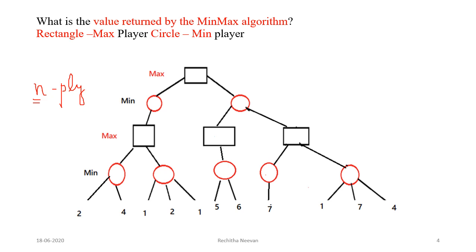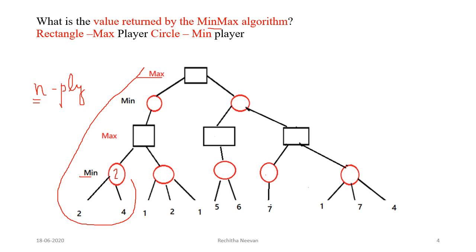Now, we have to find the value returned by the min-max algorithm for this max node. So, we have to traverse from here to the leaf node, and now this is a min node. What does a min node select? A min node selects the minimum value of the children. That means it selects 2.